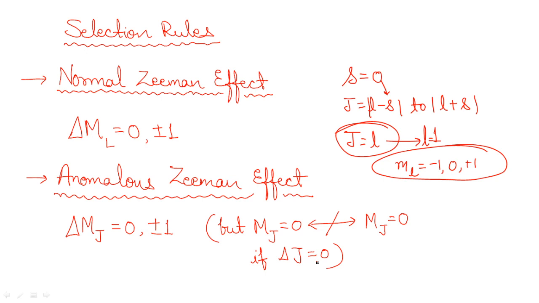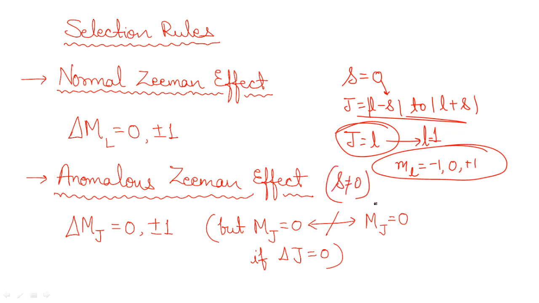Let's say in their mj values 0 is present. For P you will have L is equal to 1, and then you will find J values by using this formula, because in this case spin will be non-zero. Clear? In the anomalous Zeeman effect.